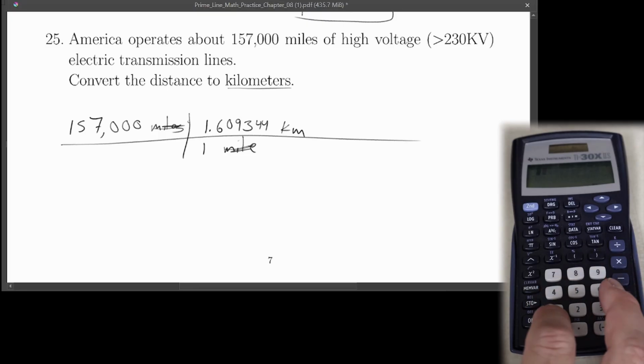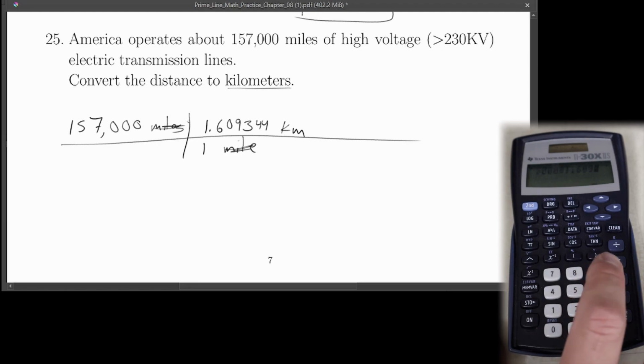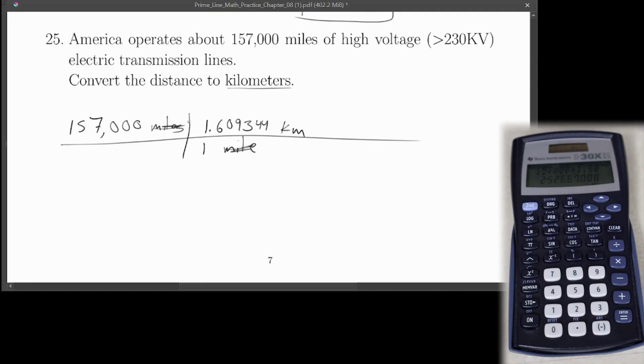And we can take 157,000 times 1.609344. And we get a grand total of 252,667.008 kilometers. Our rounding on it isn't specified, so we're going to leave it at that precision.